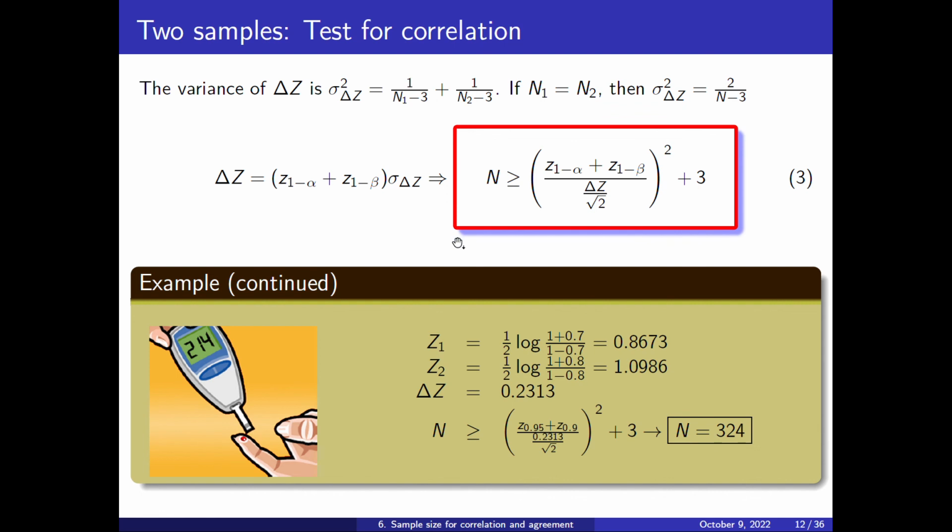So in this example, the general population having 0.8 correlation and the diabetes patients having 0.7 or less, this is delta z, and then we simply substitute and get n equals 300. So we need about 300 people or more to have this precision.